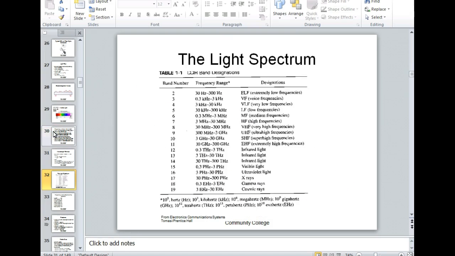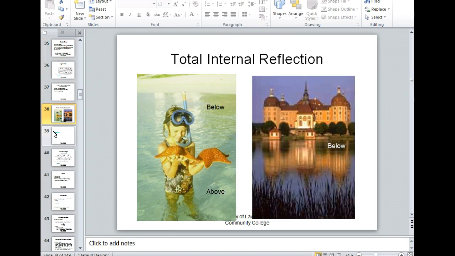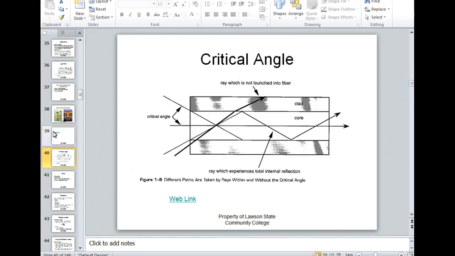So we talked about state of light, nanometers, went through some problems, talked about total internal reflection. Are you okay? And what's refraction? When light refracts, that's when the light changes direction when it passes through two media that have different indexes of refraction. Critical angle: as long as we stay below the critical angle, then it's going to bounce down, right?